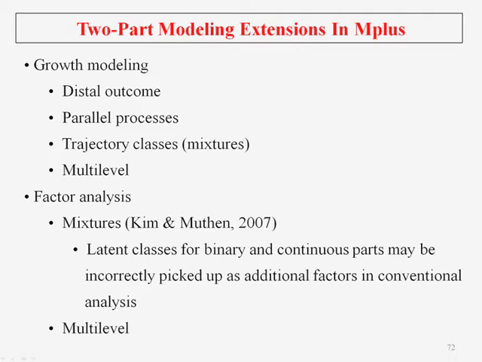And we have a factor analytic counterpart to this, a two-part factor mixture model, where the heavy preponderance of zeros is captured by mixtures, captured by two-part on top of mixtures. And that's a paper by a former student of mine and I that's coming out in Structural Equation Modeling sometime soon. Anyway, extensions.